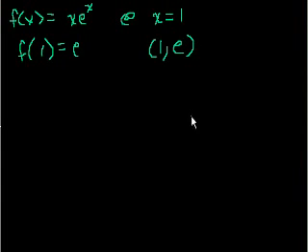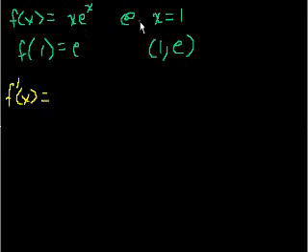So the first thing we want to know is the slope of the tangent line, and that's just the derivative at this point, when x is equal to 1, or at the point 1 comma e. So what's the derivative of this? So f prime of x is equal to, well, this looks like a job for the product rule, because we know how to figure out the derivative of x, and we know how to figure out the derivative of e to the x, and they're just multiplying by each other.